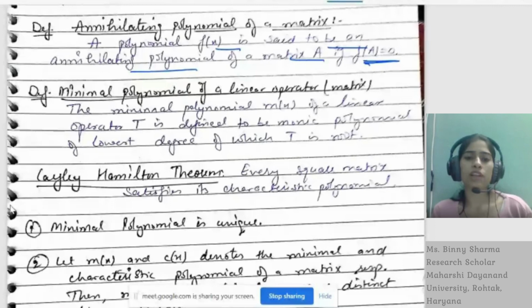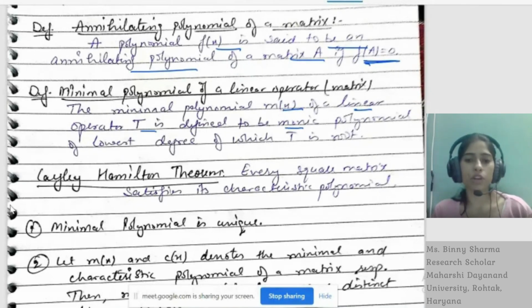Minimal polynomial of a linear operator or matrix. The minimal polynomial m(x) of a linear operator T is defined to be a monic polynomial of lowest degree of which T is a root.